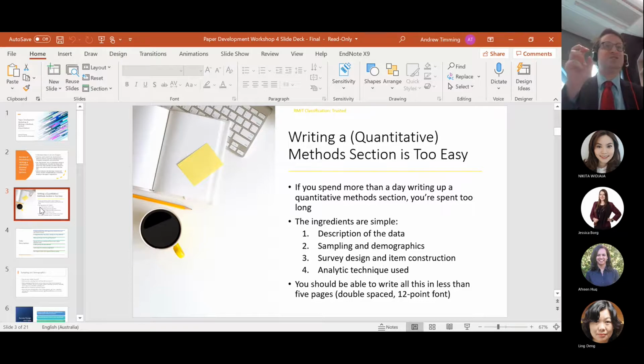So that's the general overview, a general description of what a quantitative methods section might look like. So let's now go through each of these 4 components briefly and see if we can look at these categories with a bit more granular detail.